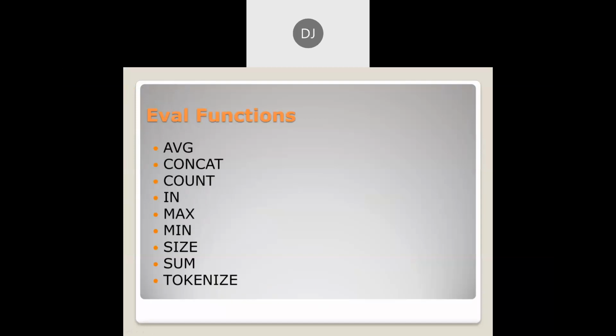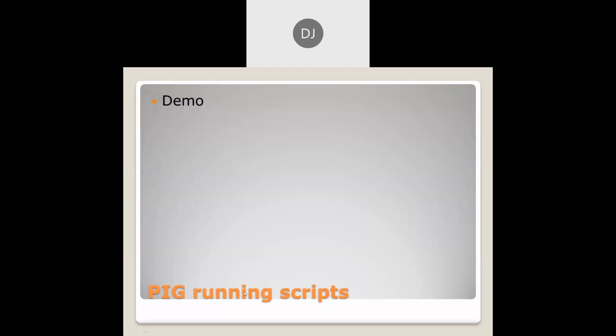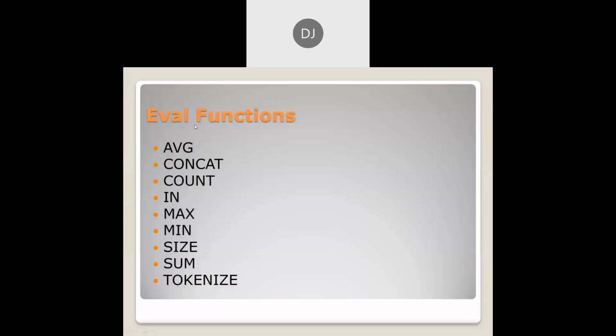This we will see today also. There are evaluation functions and mathematical functions. This I have shown, pig running scripts. Evaluate functions are average, concatenate, count, in, max, minimum, size, and sum. This we have seen. Tokenize is also there. There is one example I will show with tokenize. Tokenize means it will divide your string into tokens.